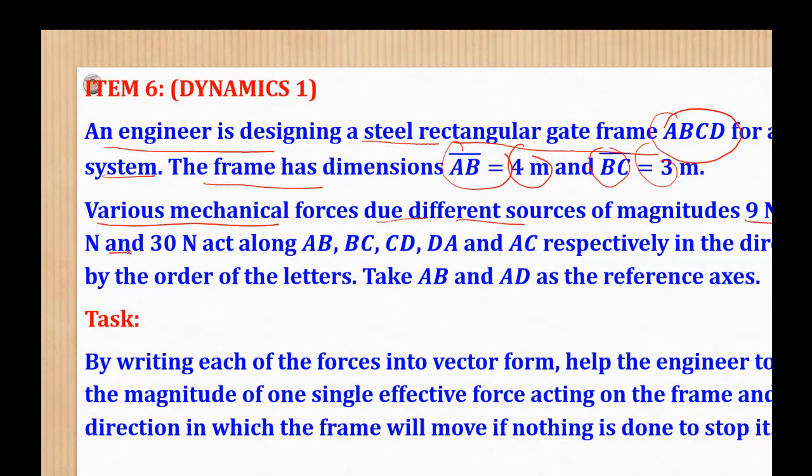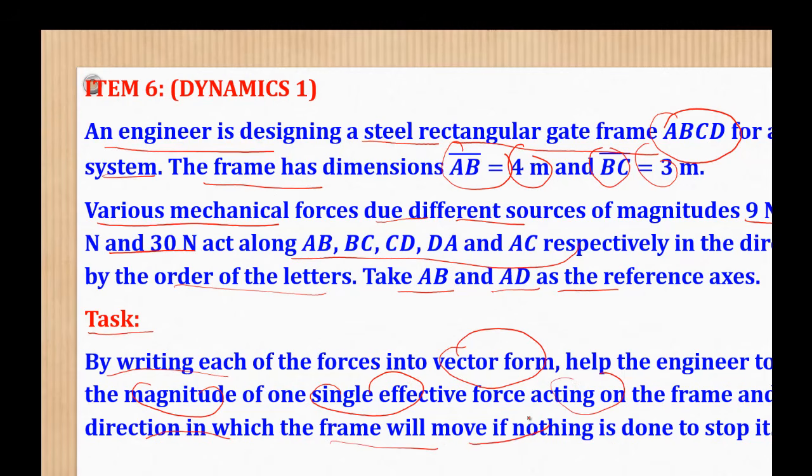These act along these sides respectively in the directions given by the order of the letters. Take AB and AD as the reference axes. Task: by writing each of the forces into vector form, help the engineer to determine the magnitude of one single effective force acting on the frame and the direction in which the frame will move if nothing is done to stop it.